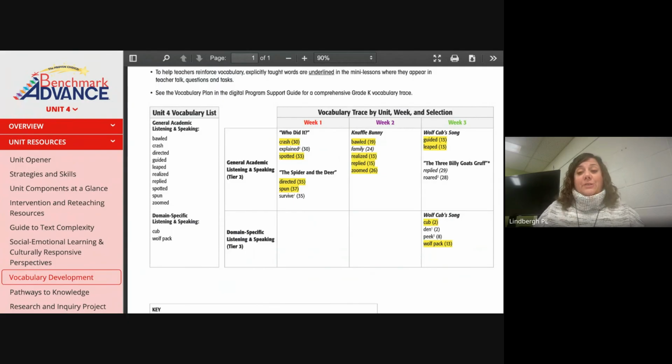For kindergarten, those are all listening and speaking words that you're going to expose kids to through the text that you're reading. Obviously, they're much higher level than what our kindergartners can read at this point in the year, except that 1 or 2 kiddos that come in just super strong.